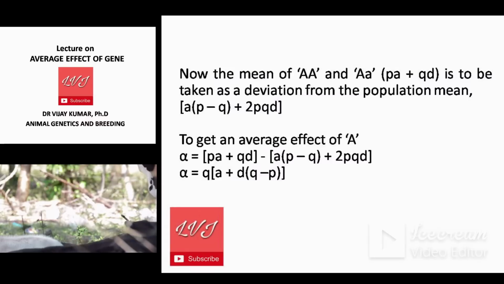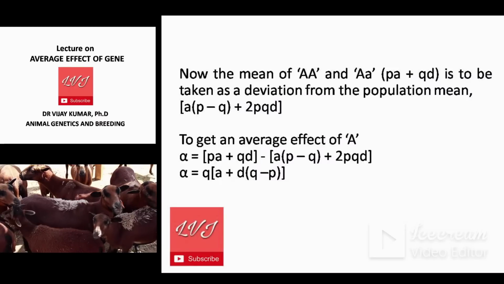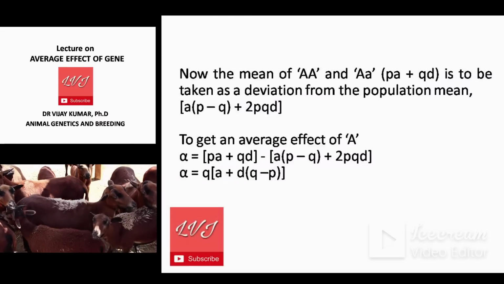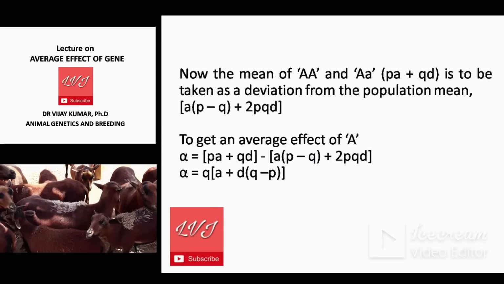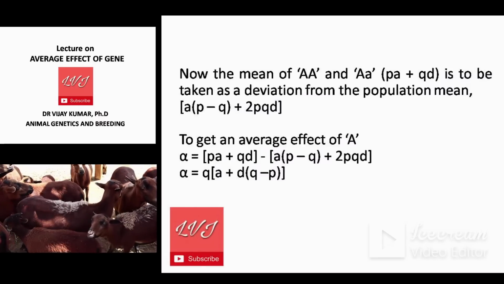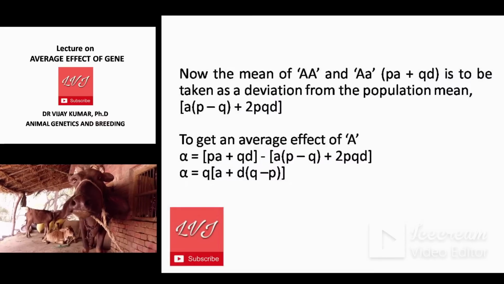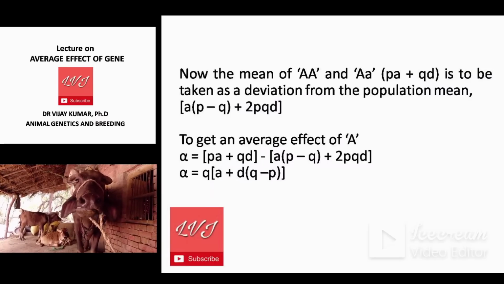To get the average effect of the dominant allele, we will have to subtract the population mean value from the mean of the homozygous dominant and heterozygous individuals. So the average effect of the dominant allele, alpha, equals pa plus qd minus [a(p minus q) plus 2pqd].